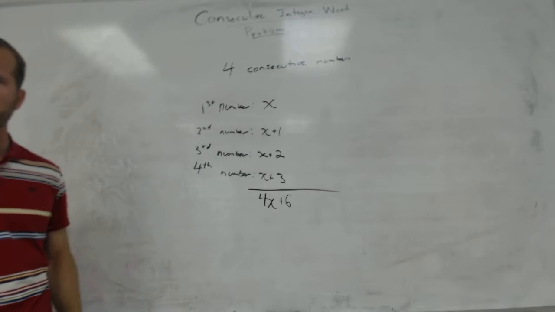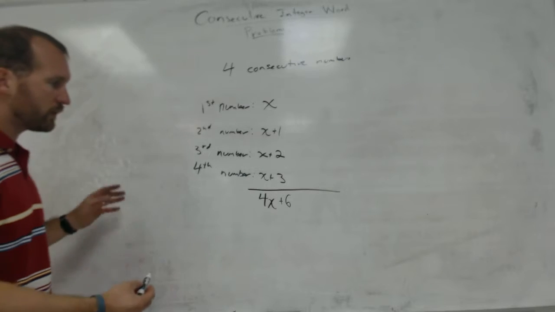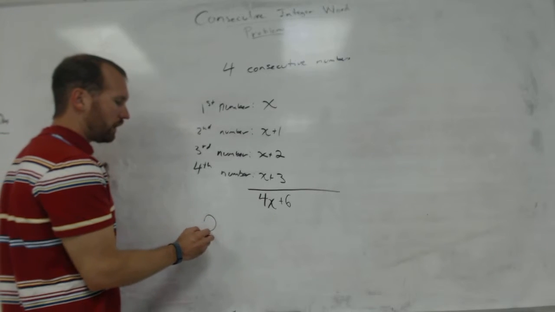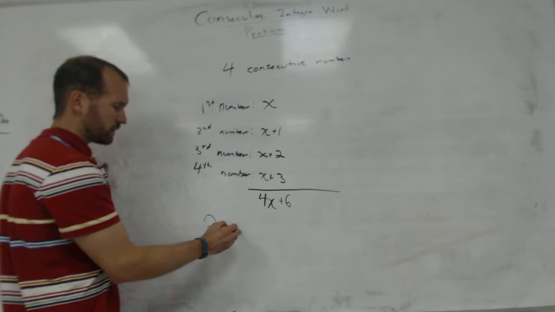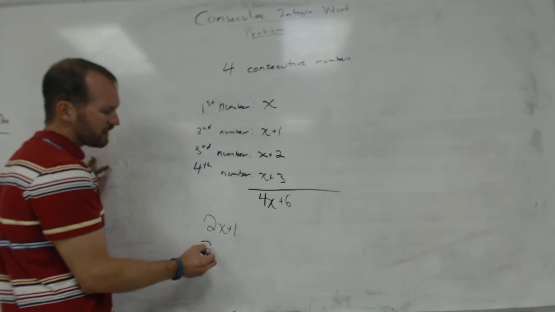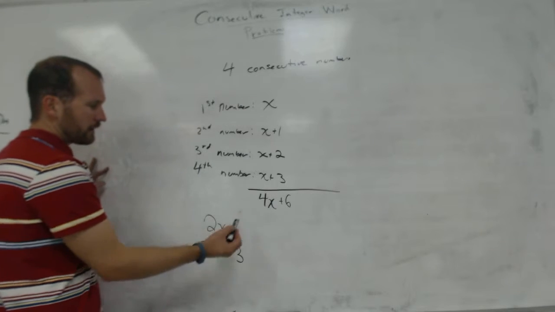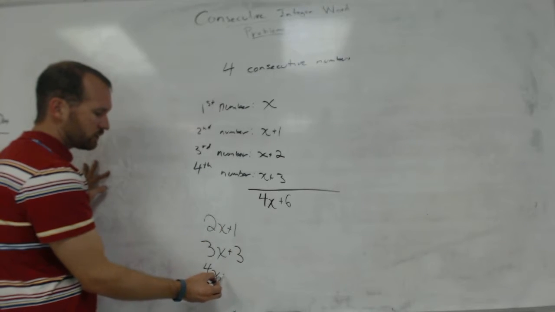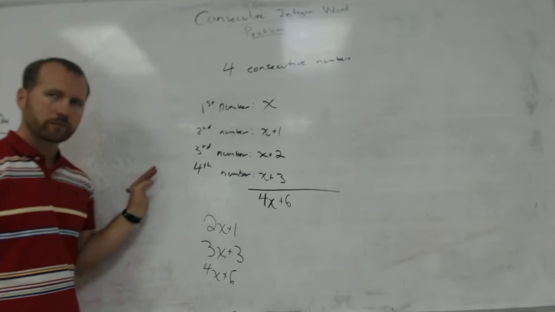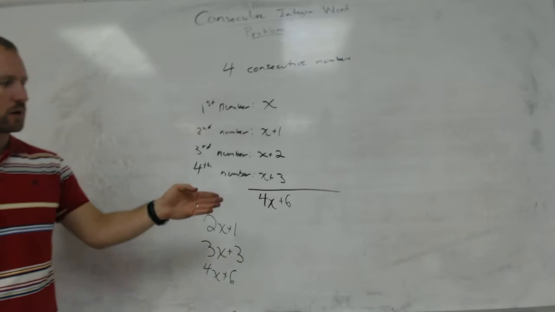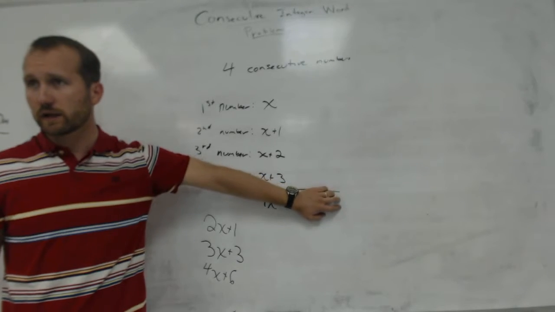Now, I want you to notice something. The sum of 2 consecutive numbers will always be 2x plus 1. The sum of 3 consecutive numbers will always be 3x plus 3. And the sum of 4 consecutive numbers will always be 4x plus 6. What changes is what goes on the other side of the equal sign.